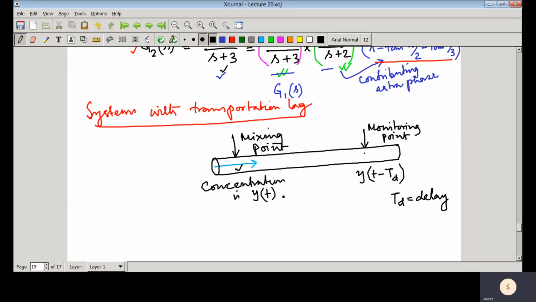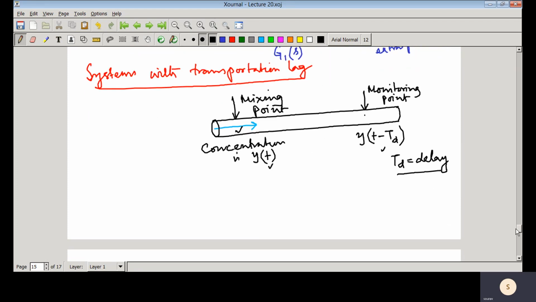Because of the distance, the time when you are mixing the dye is T, and when you are monitoring the concentration, it would be Y(t minus Td). That means there would be a delay. This particular delay is called the transportation lag, and this delay occurs because of the transportation through that pipe.